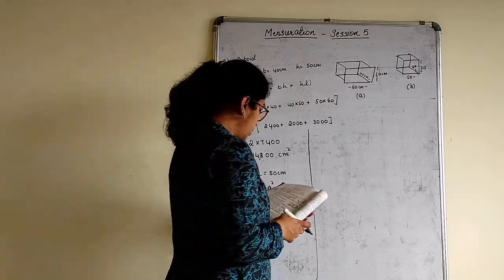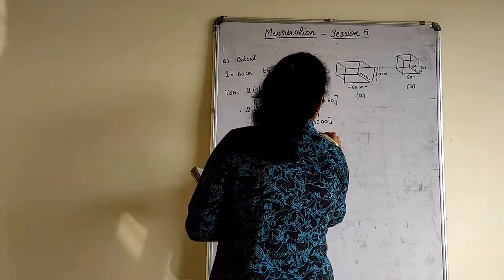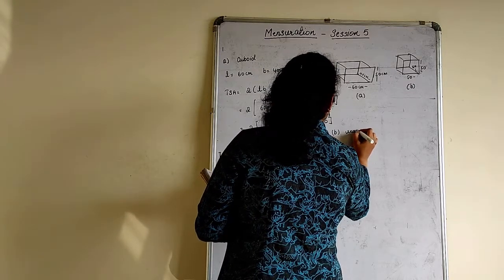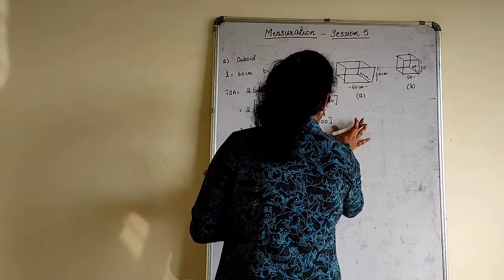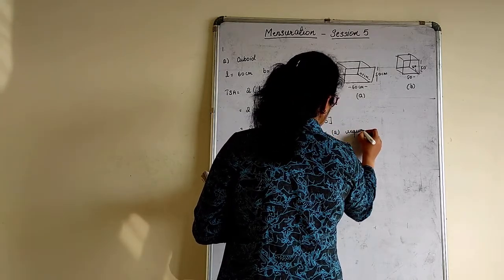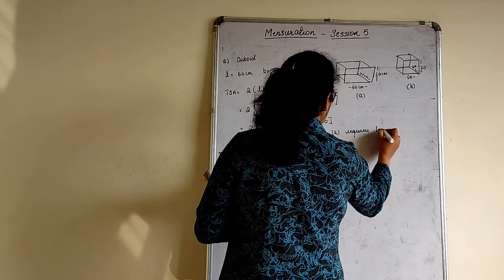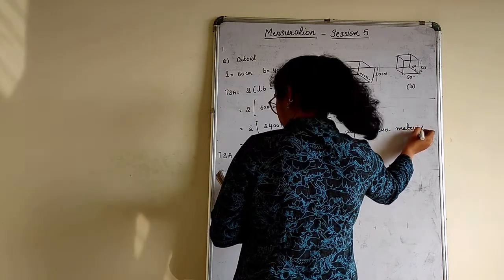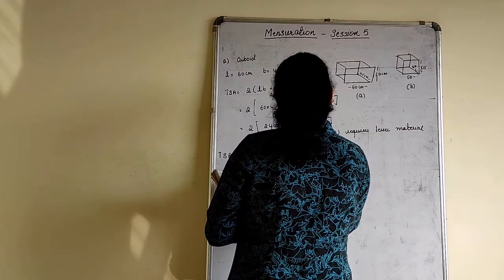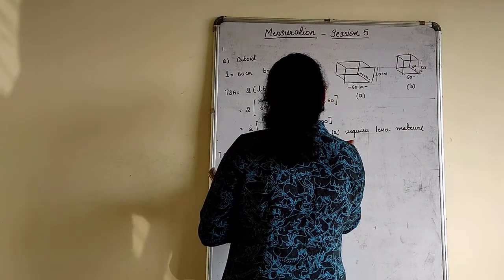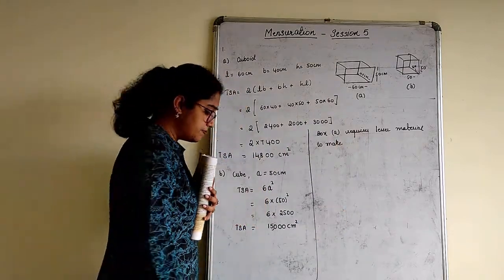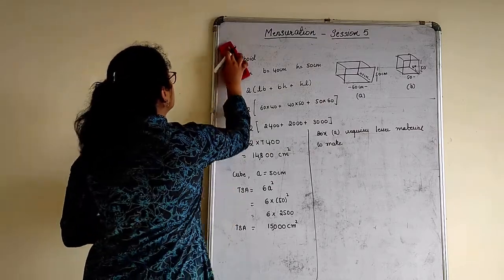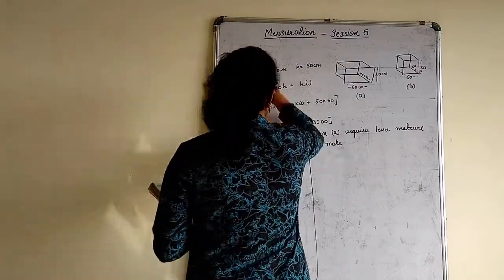So with respect to the figure, box A requires lesser material to make. Okay, very simple. We'll move to the next one. So let's start with this.